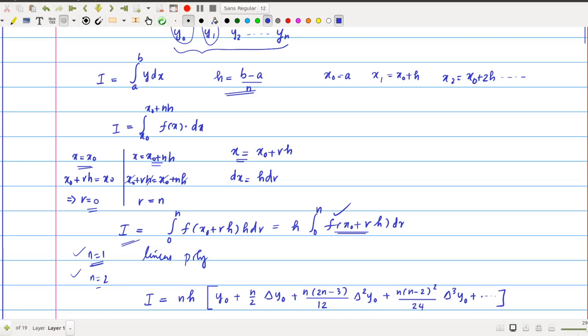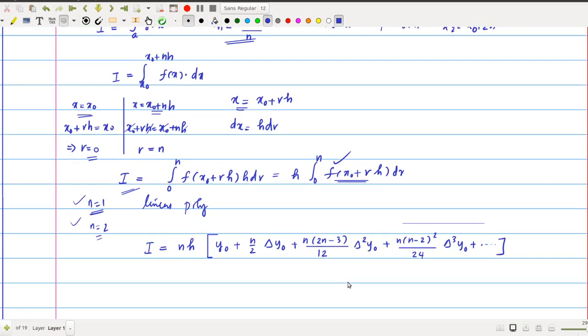Okay, if we consider n is equal to 2, then the terms from the third order difference onwards will be 0. So we will discuss these typical cases in the other sessions.